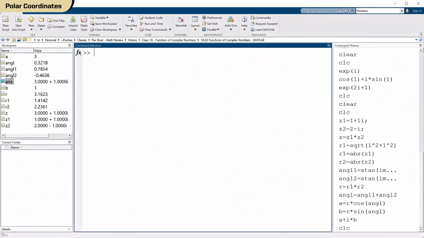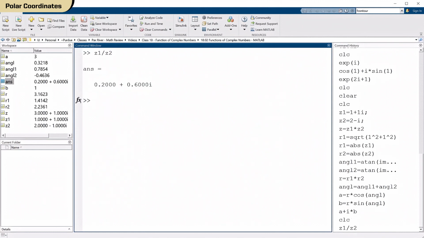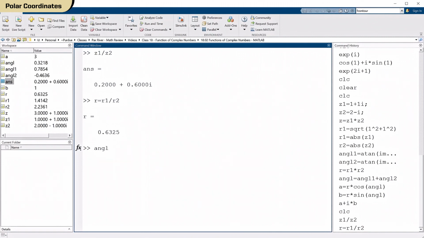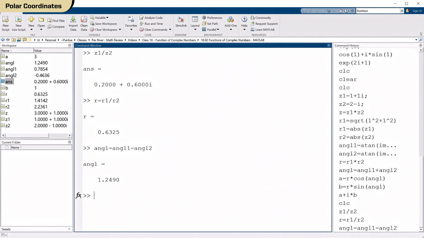Let's clear the screen here. We're not going to clear the workspace because I do actually need some of those numbers. Let's say that I want to divide. If I want to say z1 divided by z2, all right, got that before. Let's say now r equals r1 divided by r2, and angle equals angle1 minus angle2, and say a equals, all right, that ought to work.